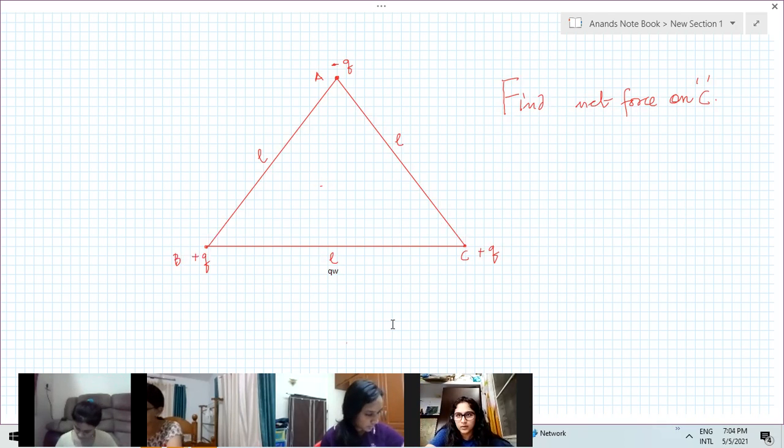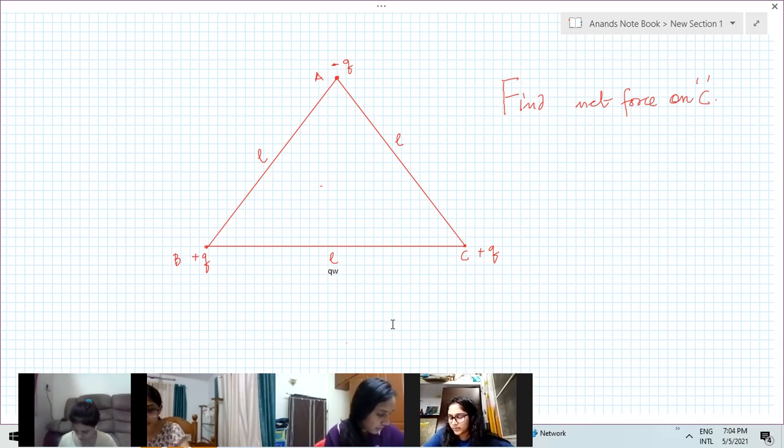They both are equal and their magnitude is K Q square by L square.